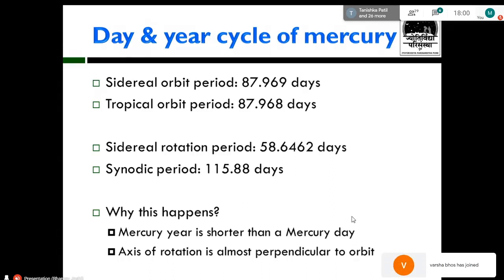If you're living on Mercury, the year will come faster than the day, because the definition of a year is a revolution around the sun and the definition of a day is from sunrise to sunrise. But because Mercury is so slow in rotation, sunrise to sunrise takes a longer time and the year becomes shorter. So this is one of the most interesting things on Mercury. A year is shorter than a day.